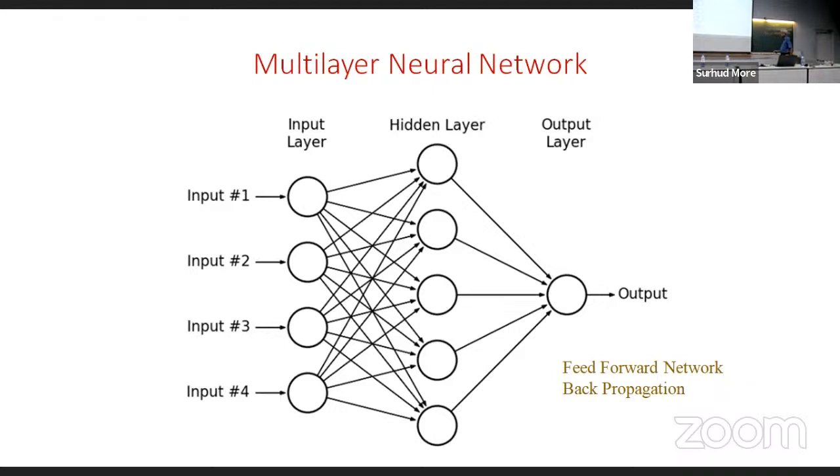Let us say that it's a 4-dimensional space, so there are 4 inputs, and you have enough input devices. Each one of them is connected to this layer, which is known as a hidden layer. It's called a hidden layer because it is neither a part of the input nor a part of the output. So you've got a hidden layer, and this is the output.